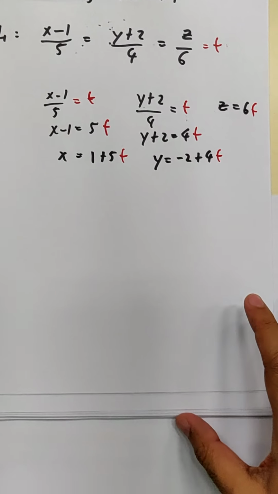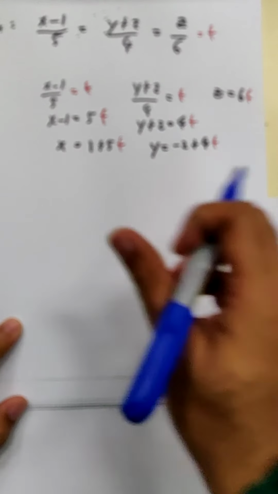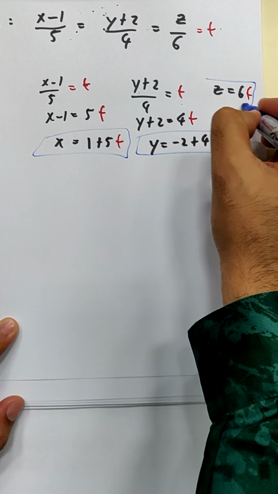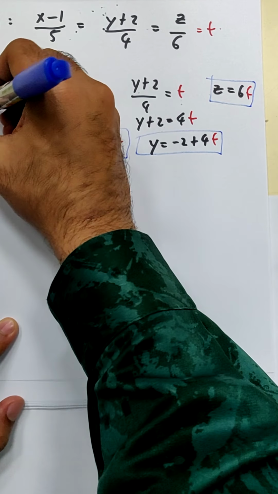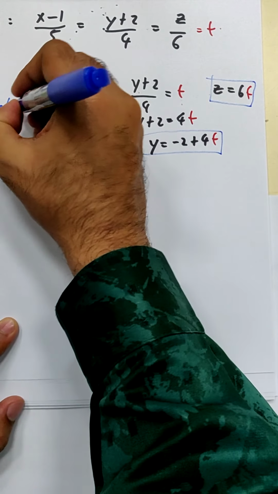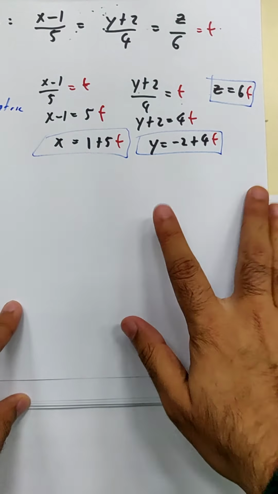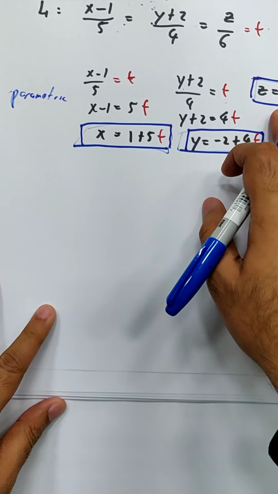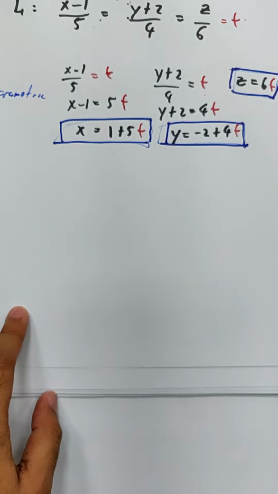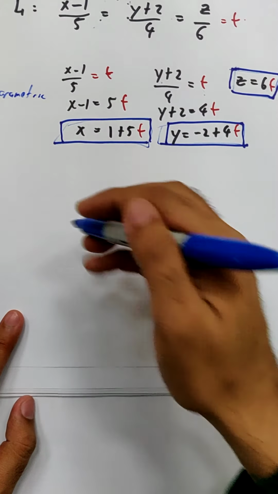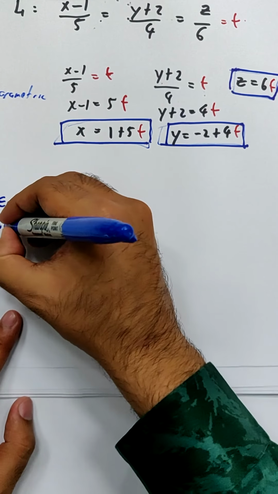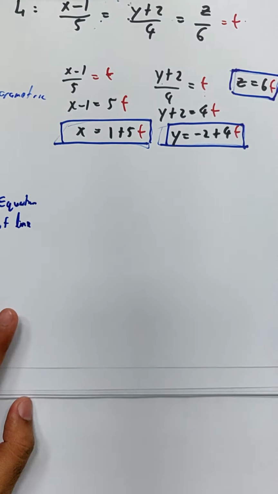Now, what do we call these three? What form is this? We call this parametric. Okay, so let's continue. So this was the parametric form. Then I would like to change it into the equation of line. How do I change it?